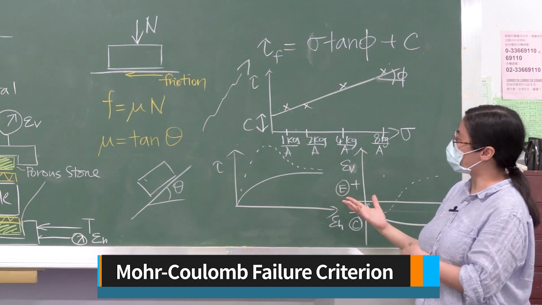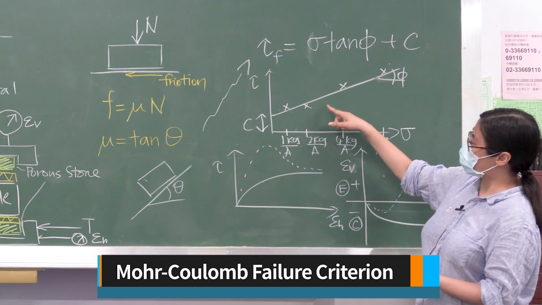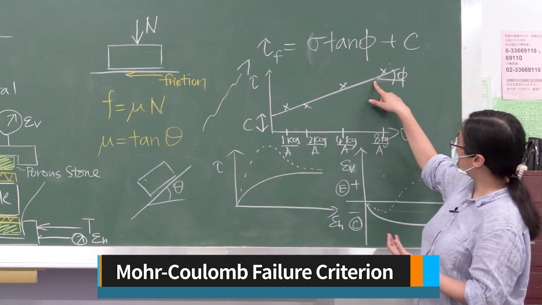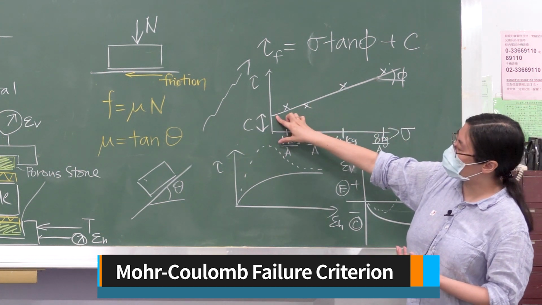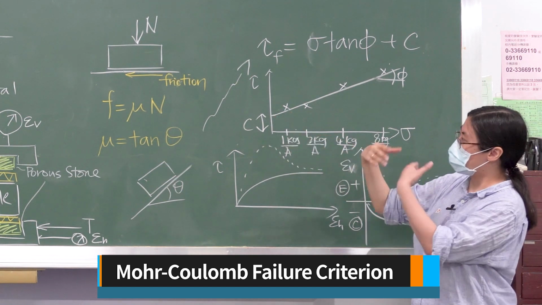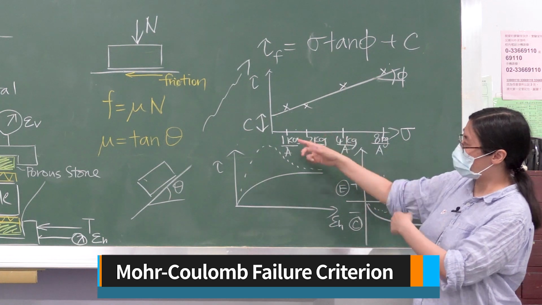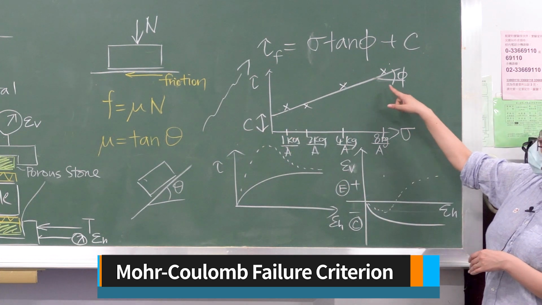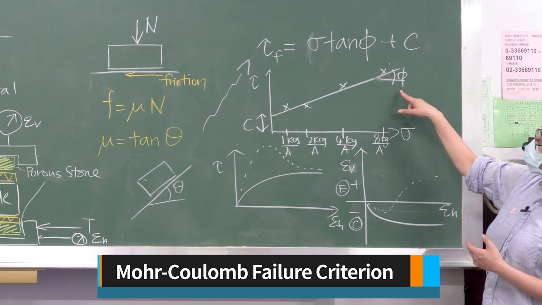Okay, after you have done that, you will use a linear regression method to come up with this line. If you look at this line, the intercept corresponds to cohesion, as you expect. Even if you do not apply any normal loading, you will have cohesion. And the slope of this line will be the friction angle.